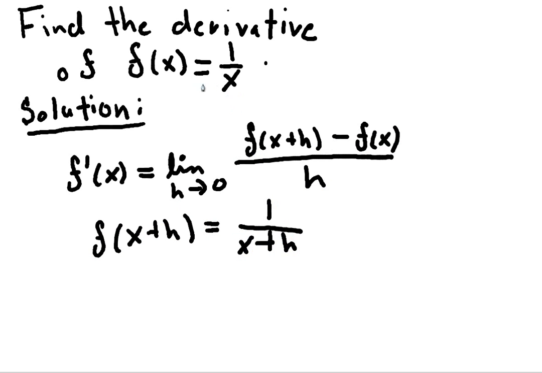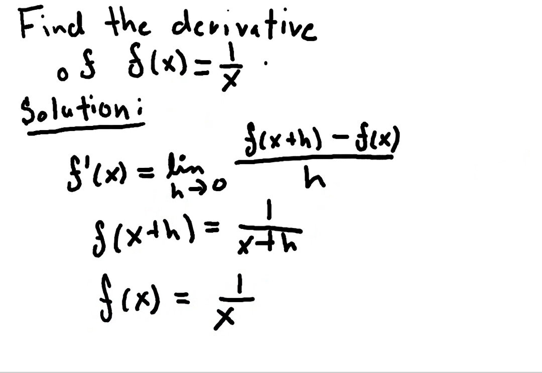Remember that f of x plus h is equal to 1 over x plus h. And the reason that I'm doing this is that every instance that we see the value x, we have to substitute it for whatever we have inside this parentheses. In this case we have x plus h. So we just substitute the x by the x plus h.